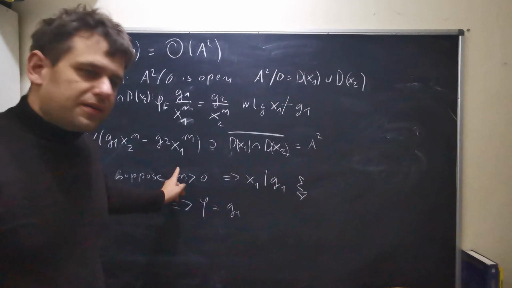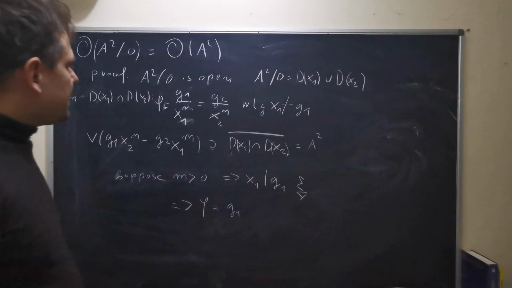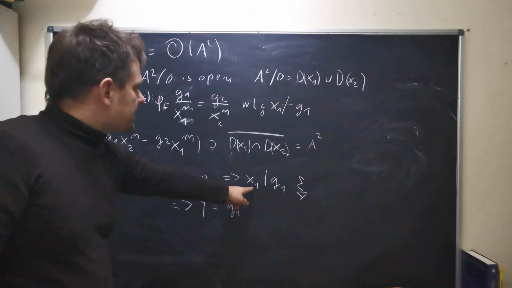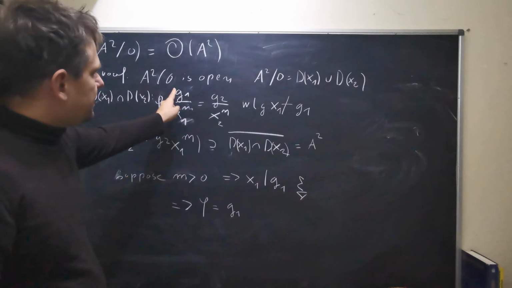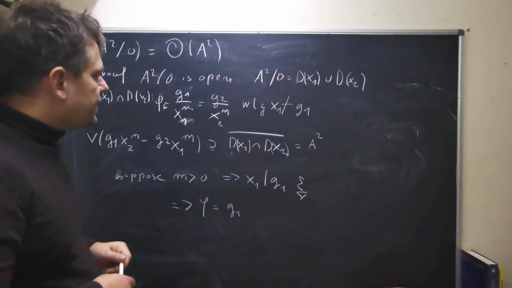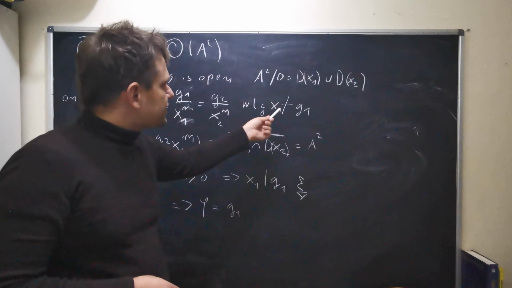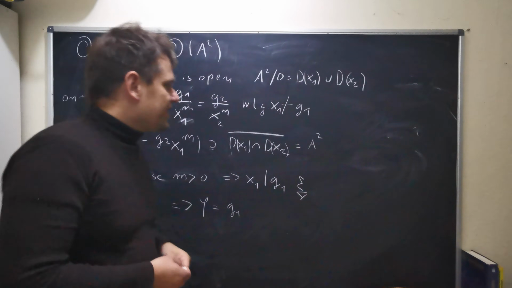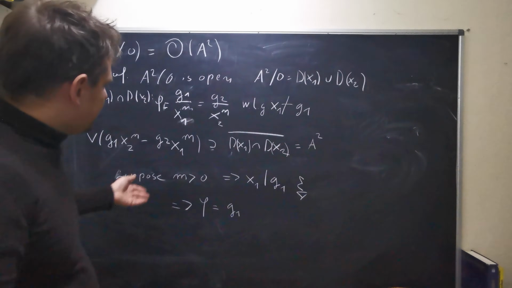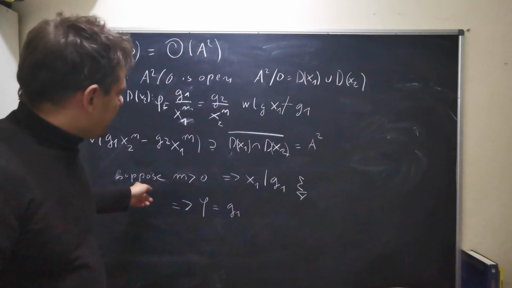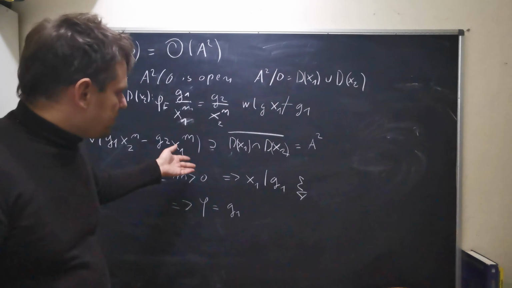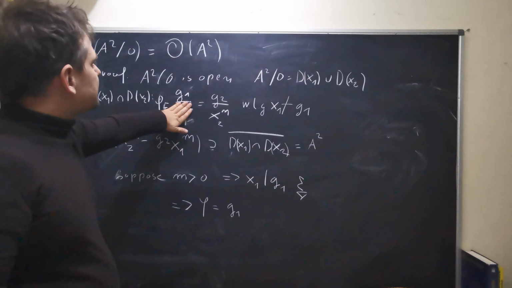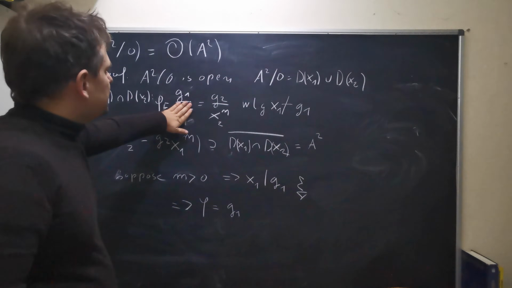Suppose m is greater than 0, then we can look at this and conclude that x1 has to divide g1, but this is not possible because we excluded this possibility. So we have a contradiction which arises from the assumption that m is greater than 0, so m is 0. So what we get here for phi is just this, phi is just g1.